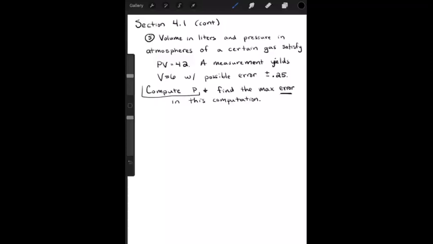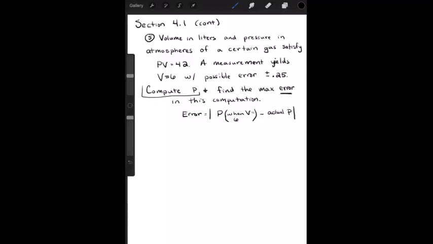Right? So, in this case, the error that we're talking about is the difference between our guess, which is P when V equals 6, minus the actual P. And so what sort of information do we have about when this error would be at its maximum?